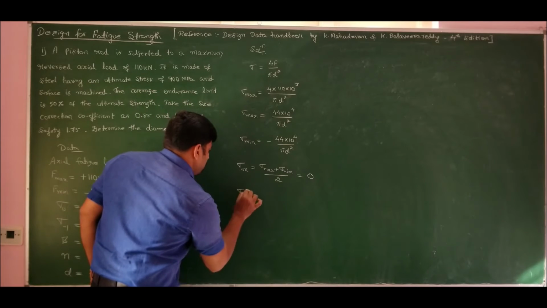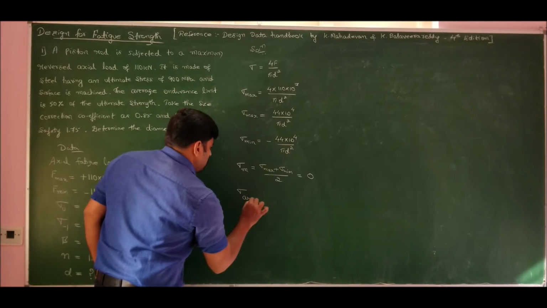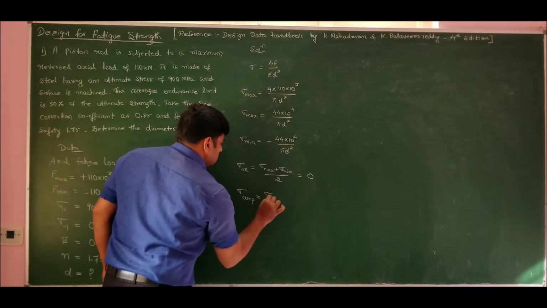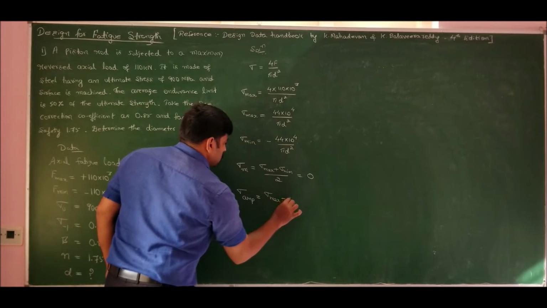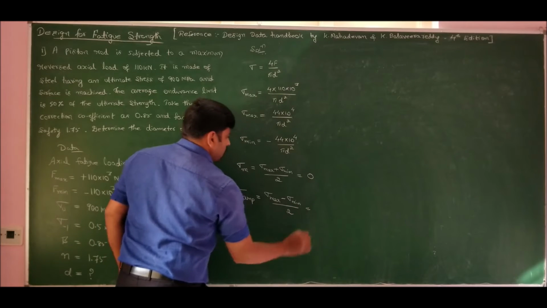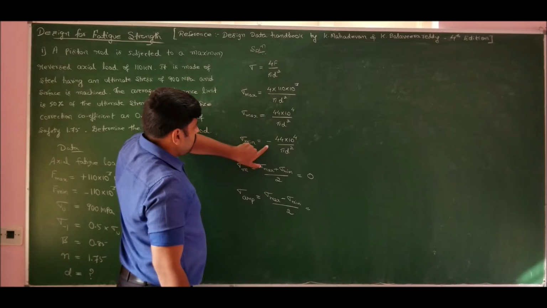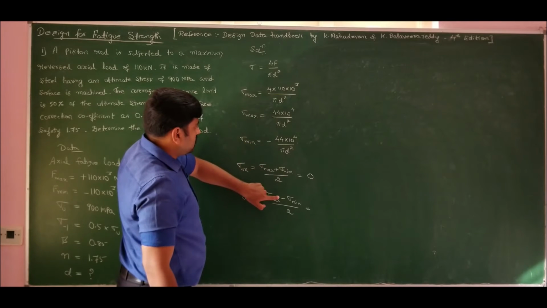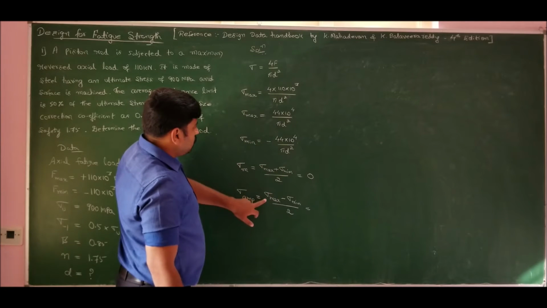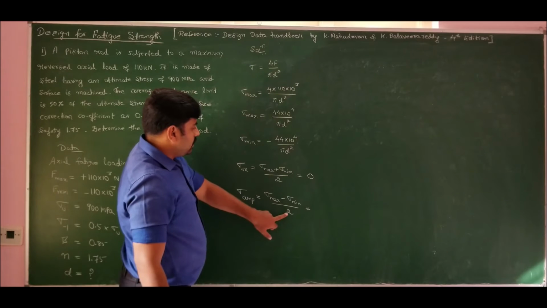To find sigma amplitude, it is equal to sigma max minus sigma minimum by 2. If you observe, the magnitudes are the same, we have a negative sign, and minus of minus will become plus. So it will become 2 times, and we are dividing it by 2.